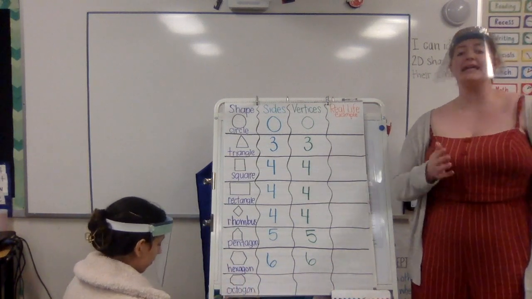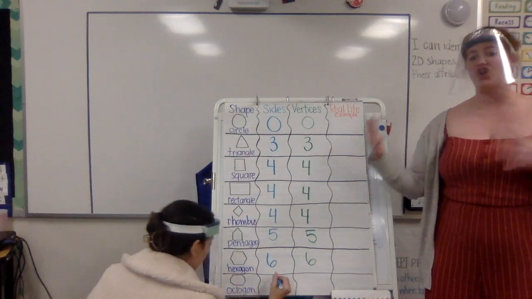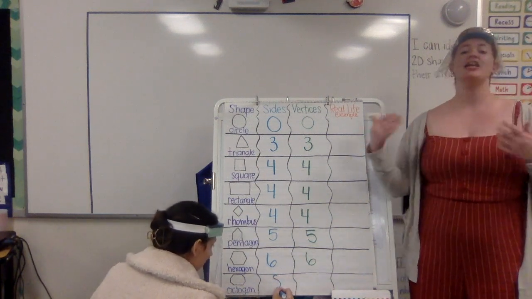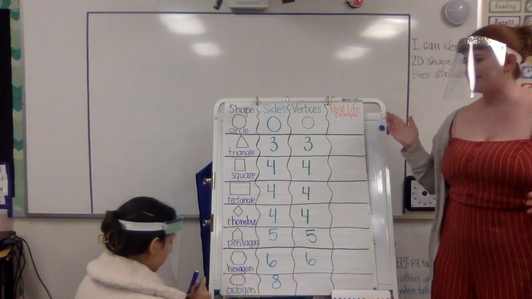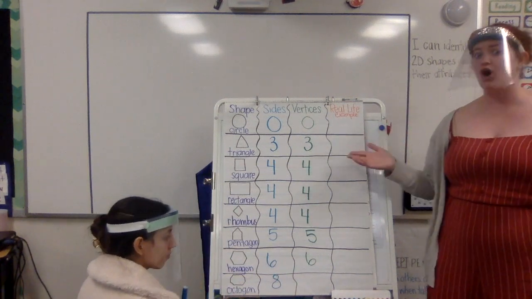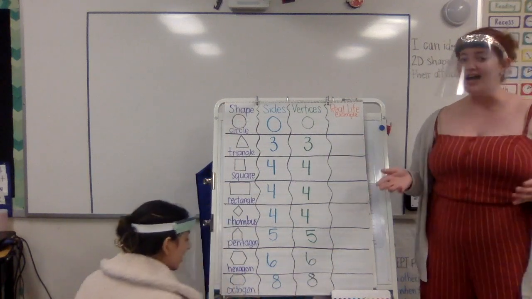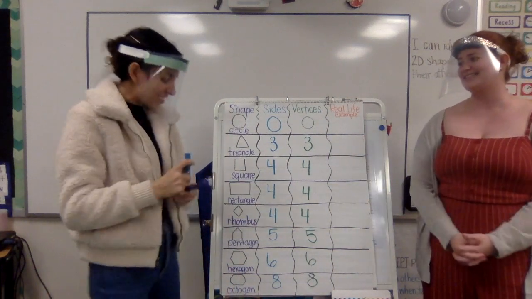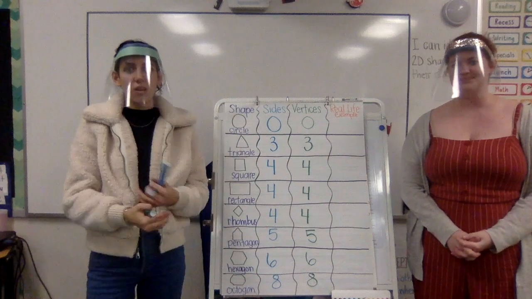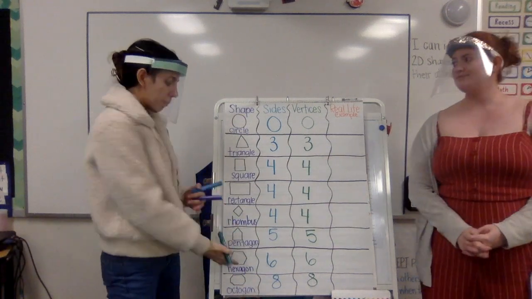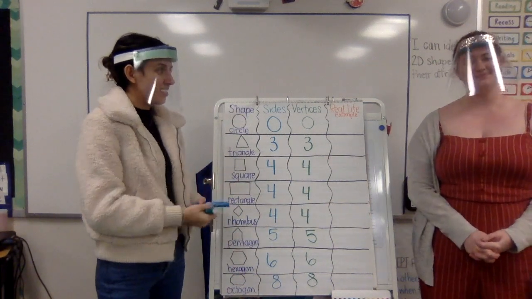And that just tells me it's a type of shape. Octagon is an 8-sided shape. Oh, I know something that has 8 sides, Miss Lestico, that I see all the time when I'm driving. A stop sign has 8 sides on it. That's right. You will see octagons all the time because that's how many sides a stop sign has.